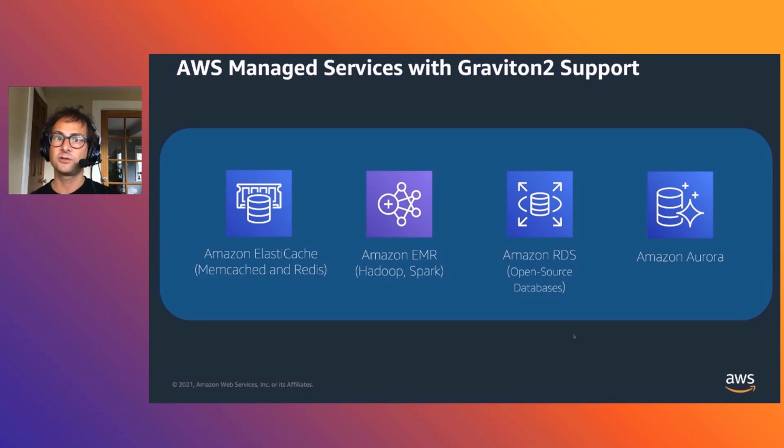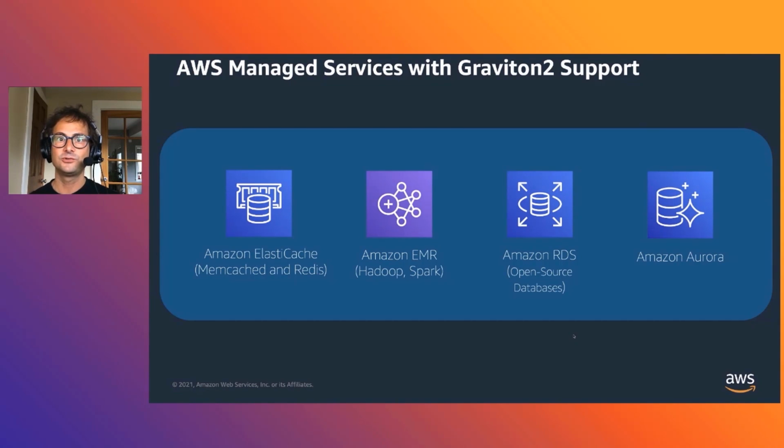And we were confident enough with the Graviton2 based instances for Elasticsearch that we've even made them the default. So when you install an Elasticsearch setup for the first time, if you choose the default instance type, that's going to be a Graviton2 based one.